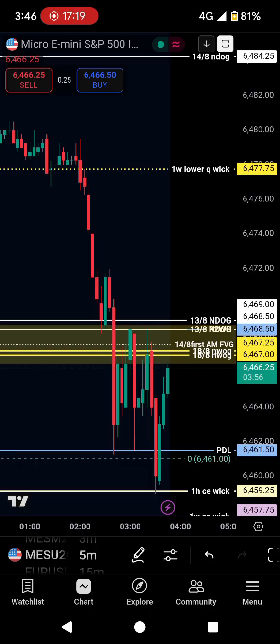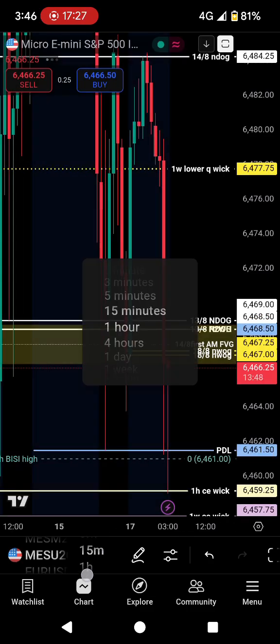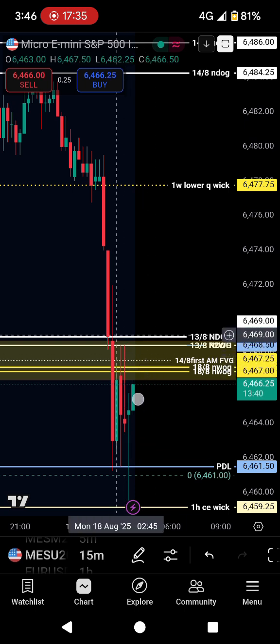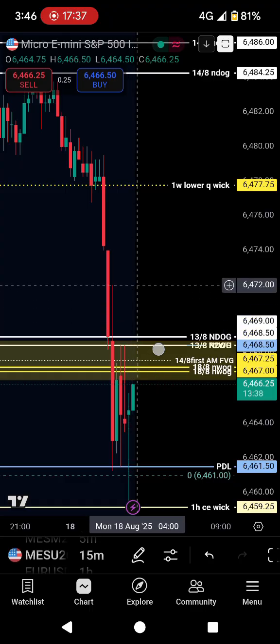Yeah, wait for displacement, okay? Displacement. Be patient. I'm gonna wait until 5 o'clock. So the next trade idea is if we can close above this end dot, we're gonna see this CB fill in.